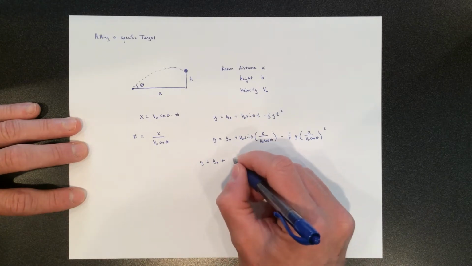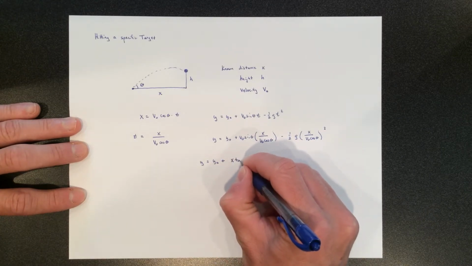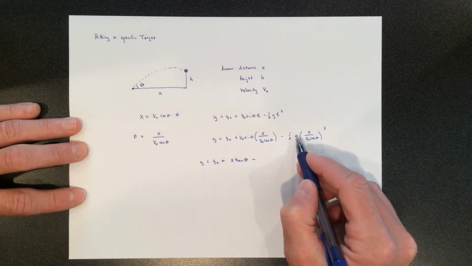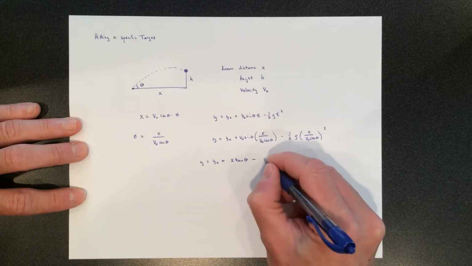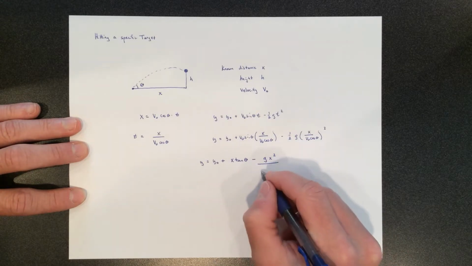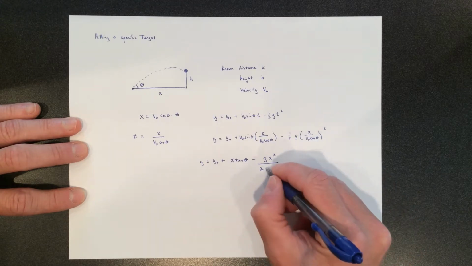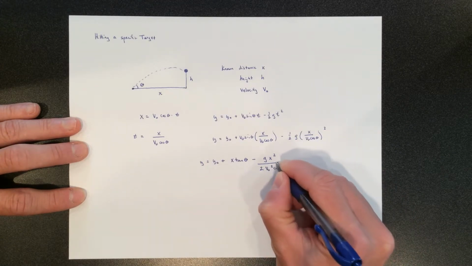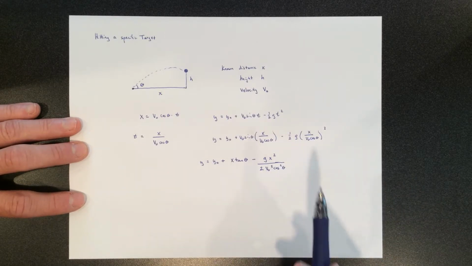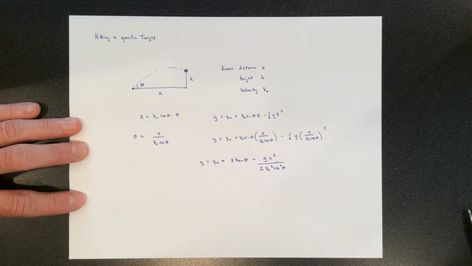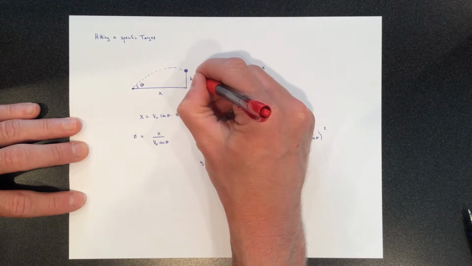So it's y naught plus x tangent theta minus, g x squared in the numerator over 2, and then both of these get squared: v naught squared cosine theta squared.